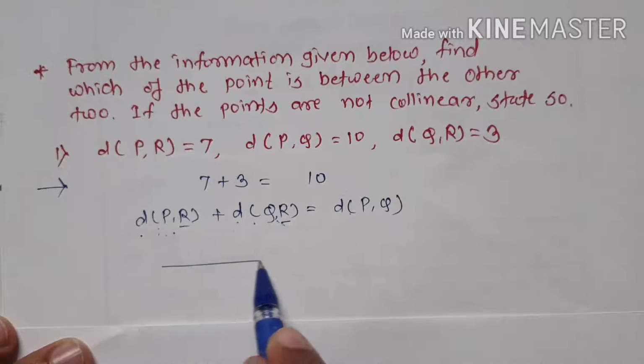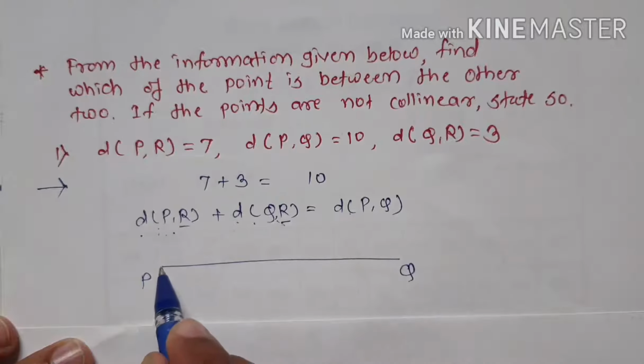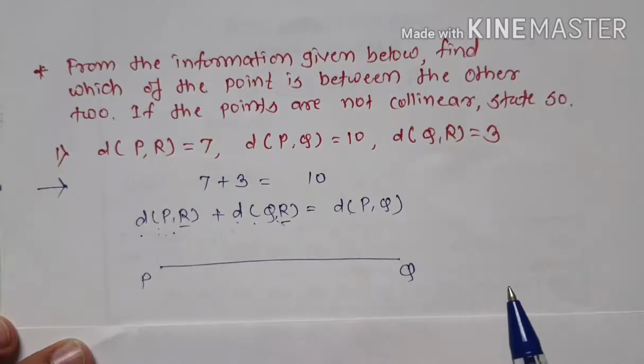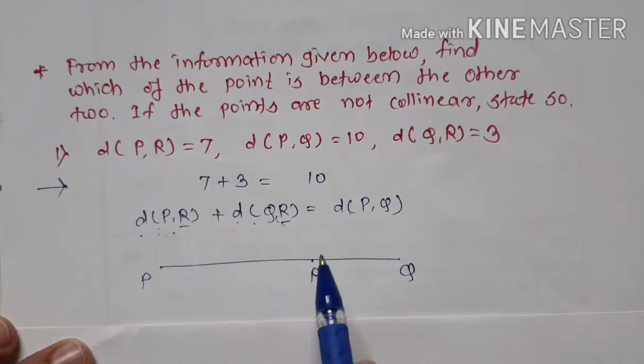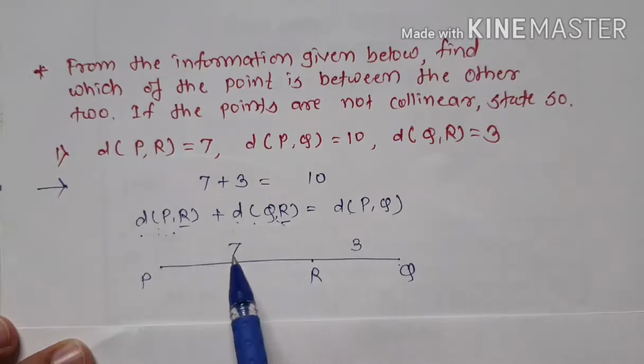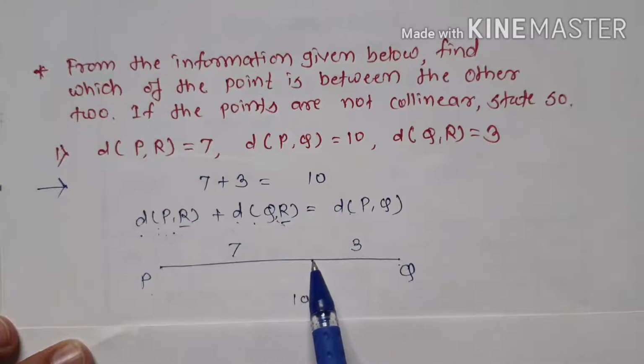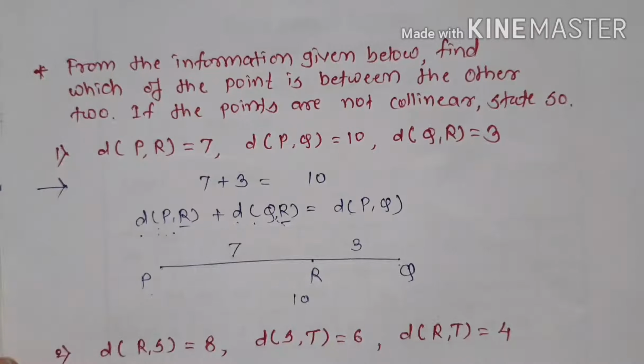So if we draw a diagram, this is a segment PQ where points P and Q are endpoints and point R is between P and Q. So distance PR is 7 and distance QR is 3. And if we add 7 plus 3, we will get distance PQ, which is 10. So in this case, we can see here point R is between P and Q.